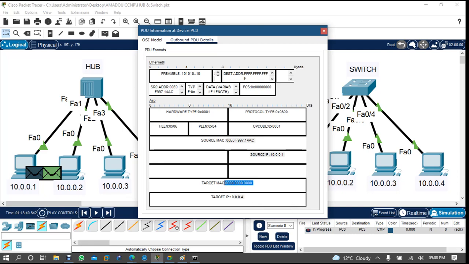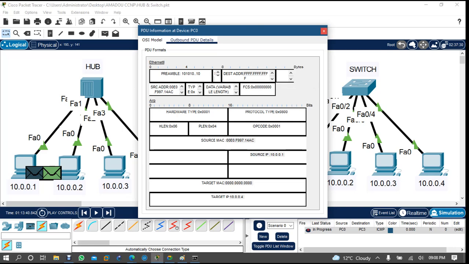Your system will broadcast to look for the MAC address of the destination system, to FFFF, the broadcast MAC address. Then it hands it to Ethernet, because we are using Ethernet technology.